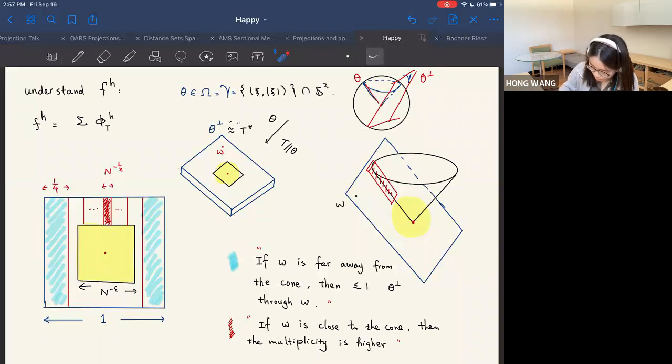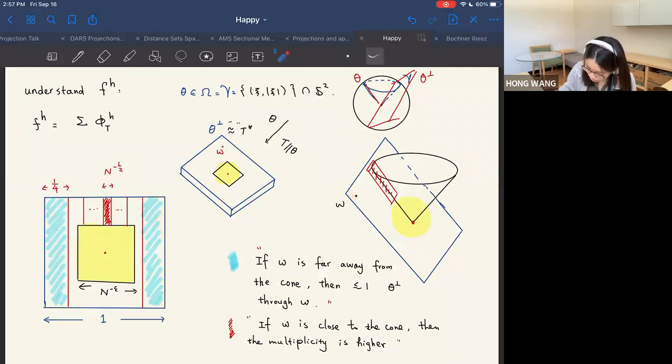So maybe this picture is kind of difficult to imagine. Then let's move this T star to 2 dimensions. So this is 1 by 1, and the middle part is the low frequency part that we throw out. So we can estimate as in the 2 dimension case. And this blue part is the part that's away from the light cone.